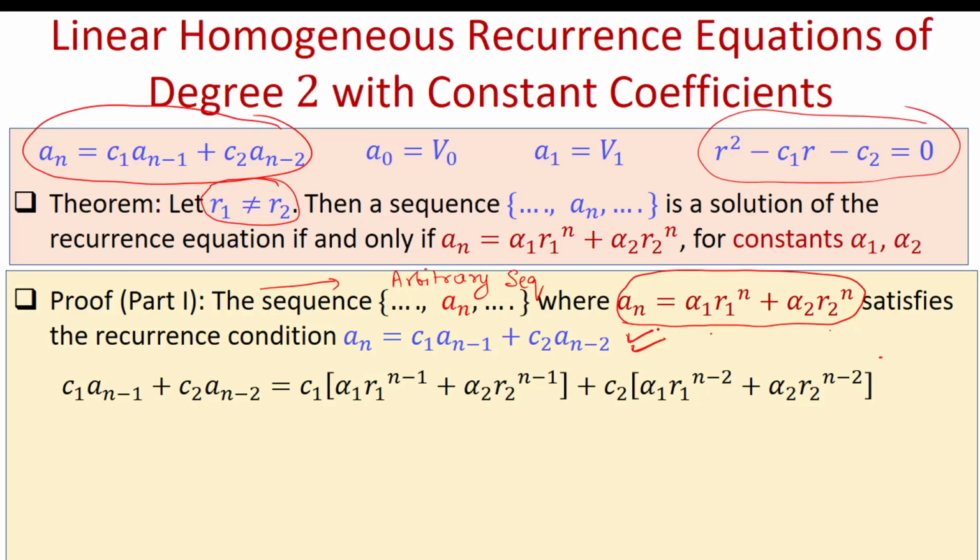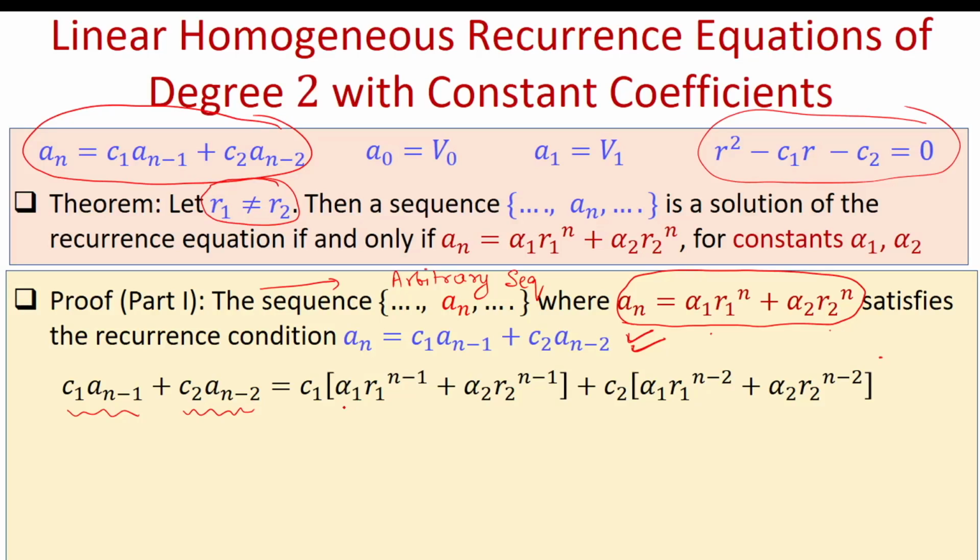So let's prove whether indeed it satisfies this recurrence condition or not. What is the recurrence condition? The recurrence condition says that C1 times the n minus 1th term of that arbitrary sequence plus C2 times the n minus 2th term of that arbitrary sequence should be equal to the nth term of this arbitrary sequence. That's what we have to prove.